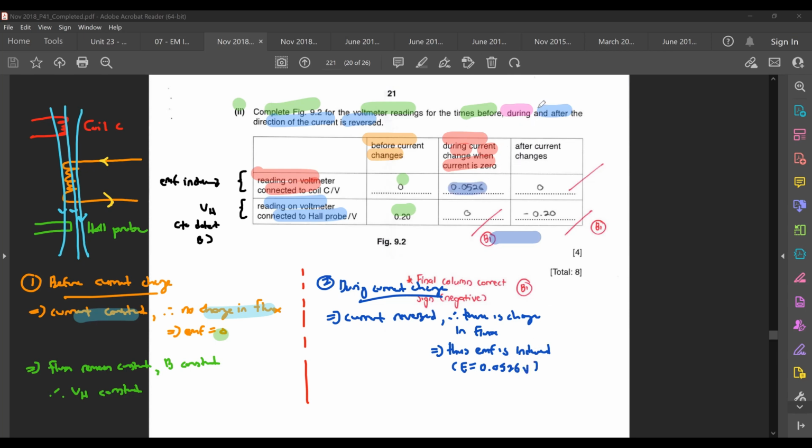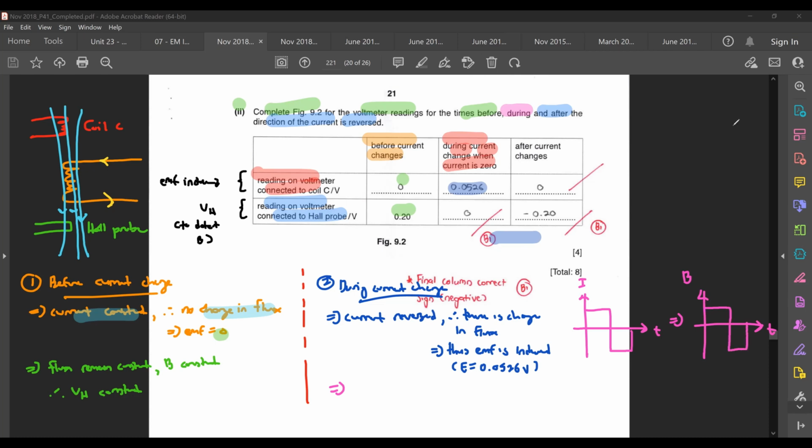Now, when it comes to your Hall voltage reading, this one is a bit different. You can't really say that you are going to have a Hall voltage reading here because how your current changes was actually something like this. If I try to translate it into a graph of flux density versus time, it's also going to be like this.